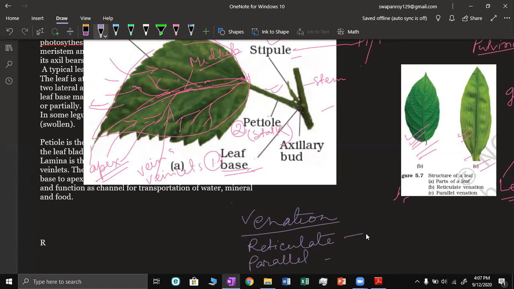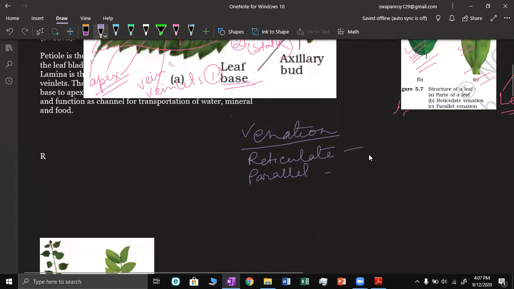Reticulate, I told you, is found in dicot plant leaves, in broad leaves. The venation is reticulate, a network type of veins and veinlets. In parallel venation, the veins run more or less parallel from the base of the leaf to the apex of the leaf.